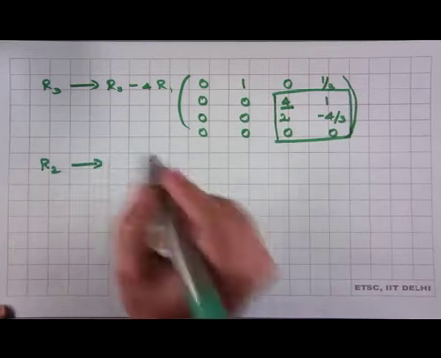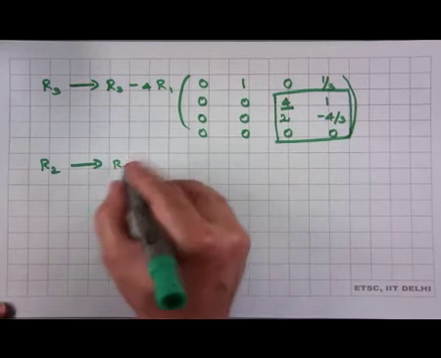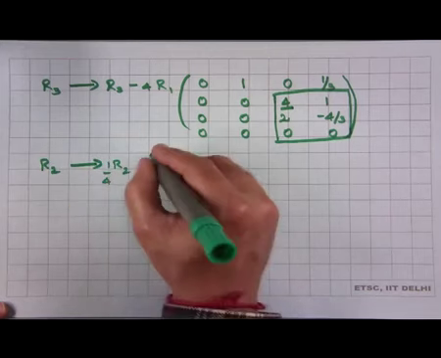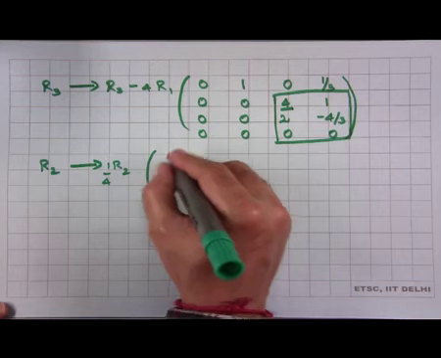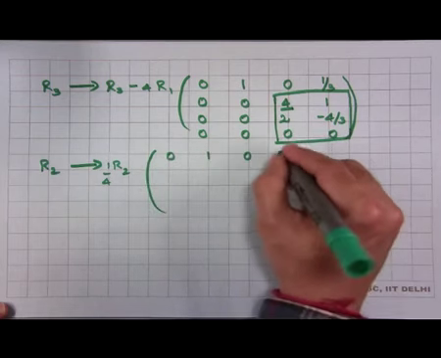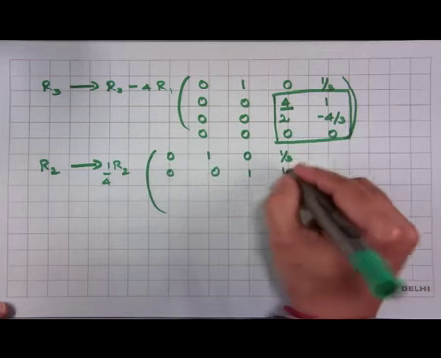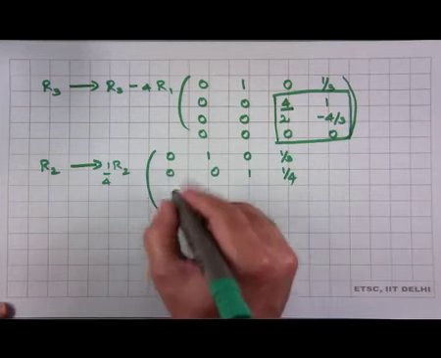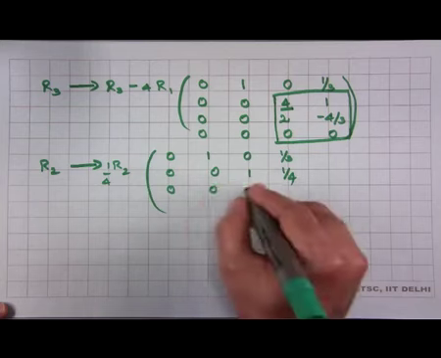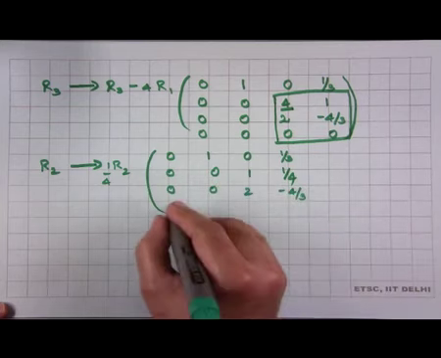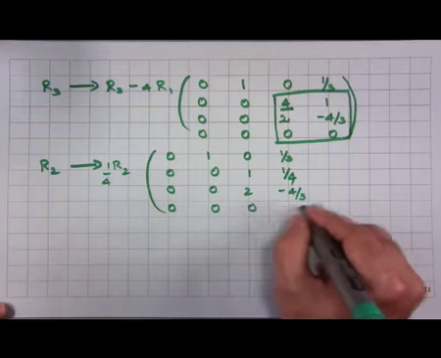R2 is replaced by 1 by 4 times R2. 0 1 0 1 by 3, 0 0 1 1 by 4, 0 0 2 minus 4 by 3, 0 0 0 0.